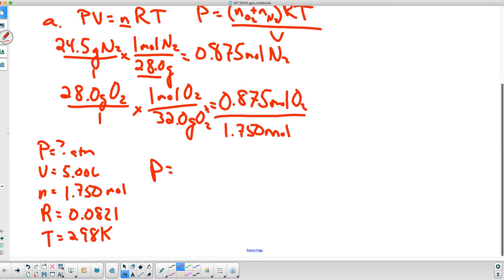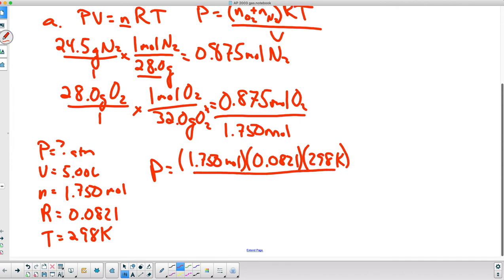I'm going to use that equation up there. I got my 1.750 total moles, times R, that's 0.0821, times 298 K, all divided by 5 liters. Once I do all of that, I should end up with something very similar to 8.56 atmospheres.